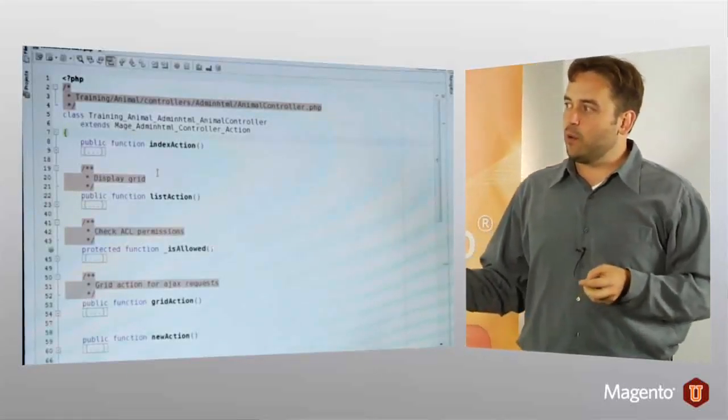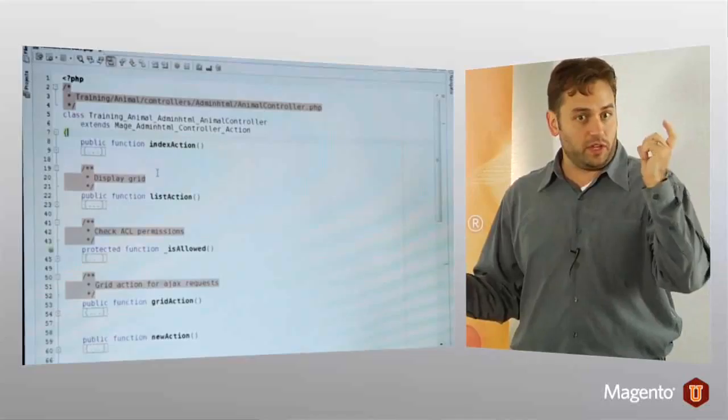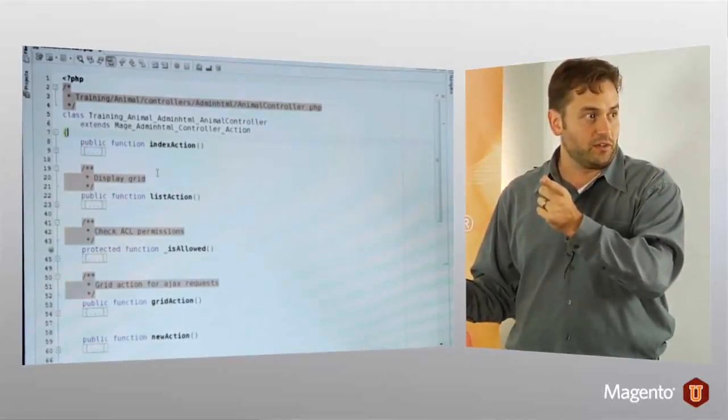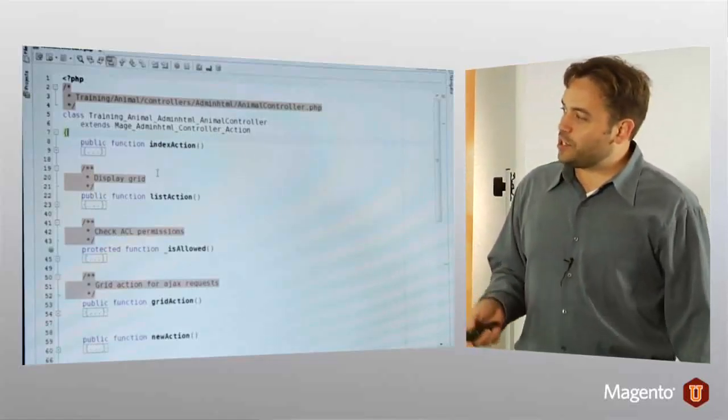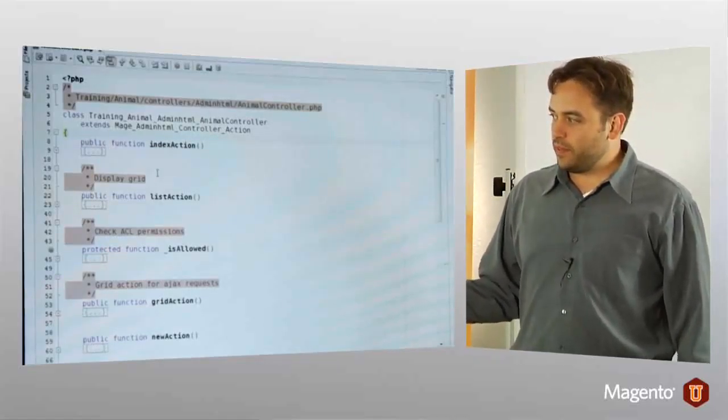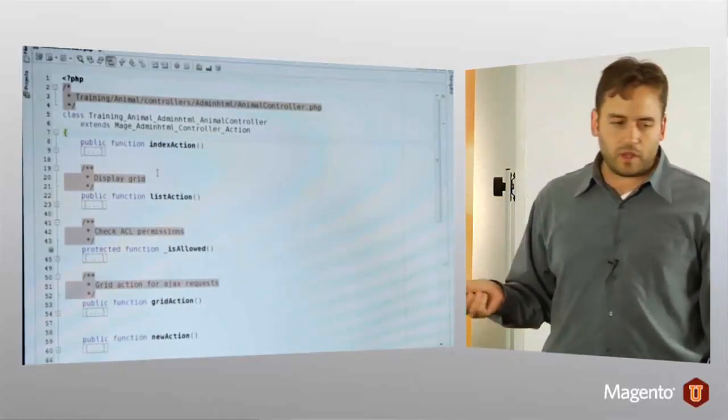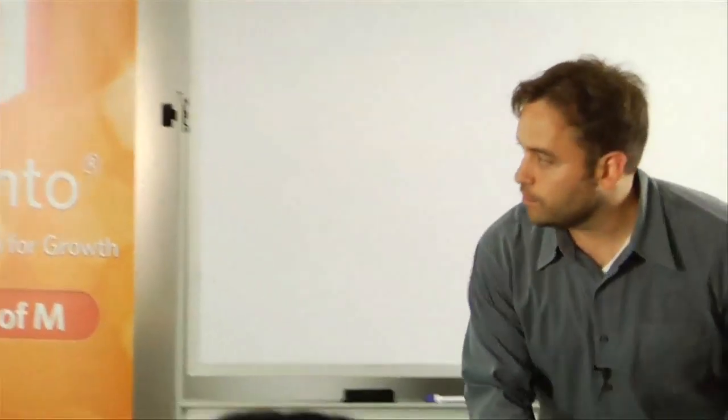And here we implement is allowed, so we can incorporate the ACL check for these routes. Now, the grid action for the AJAX requests, that's one thing. Here, we need to simply load layout, render layout.